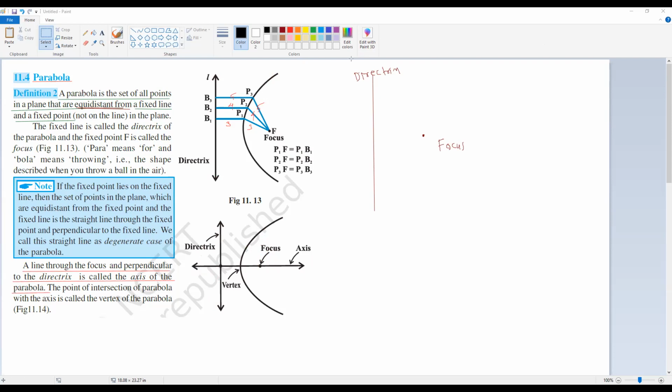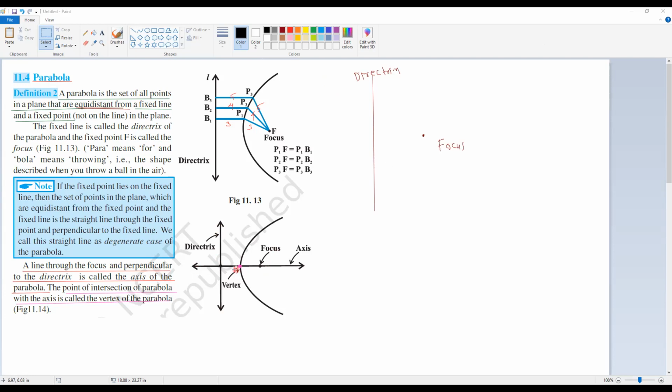Then the point of intersection of the parabola with the axis is called vertex of the parabola. Here this is vertex. Okay, this is vertex, focus. So four things. So parabola related 4 things you should know: focus, directrix, axis and vertex.